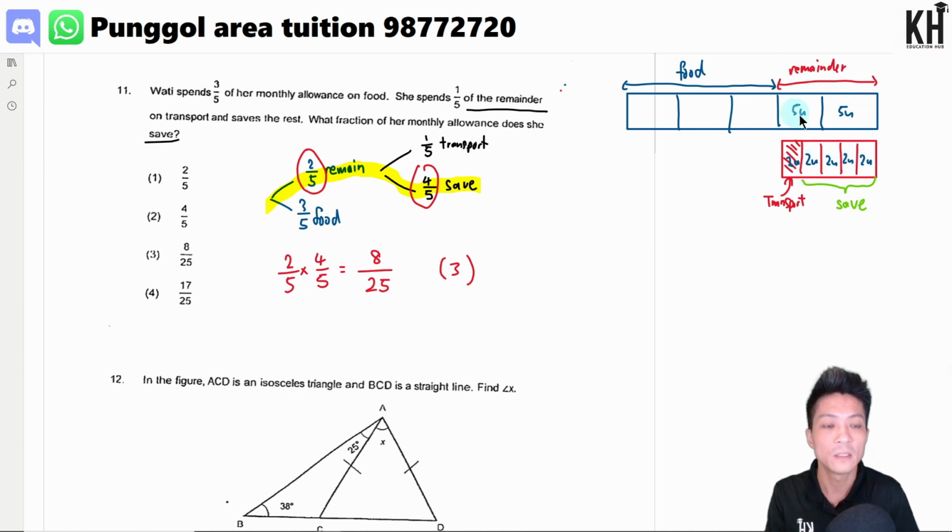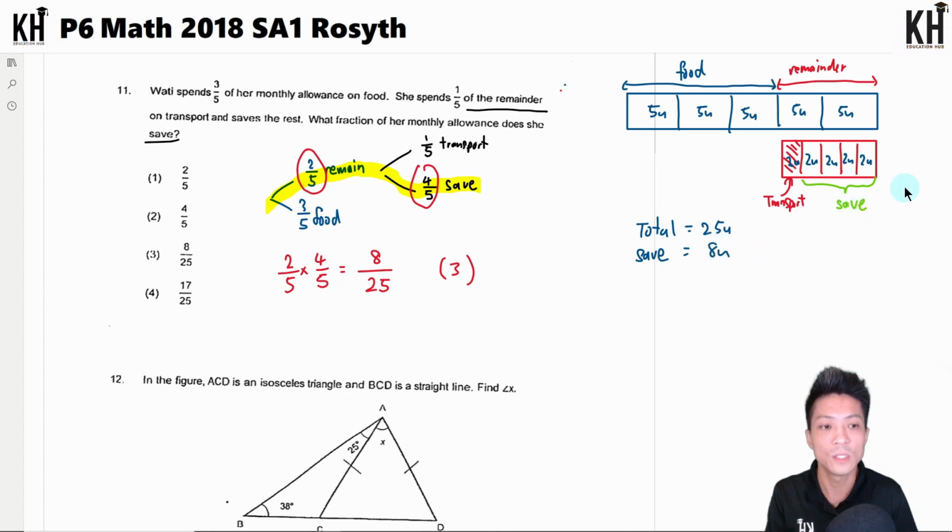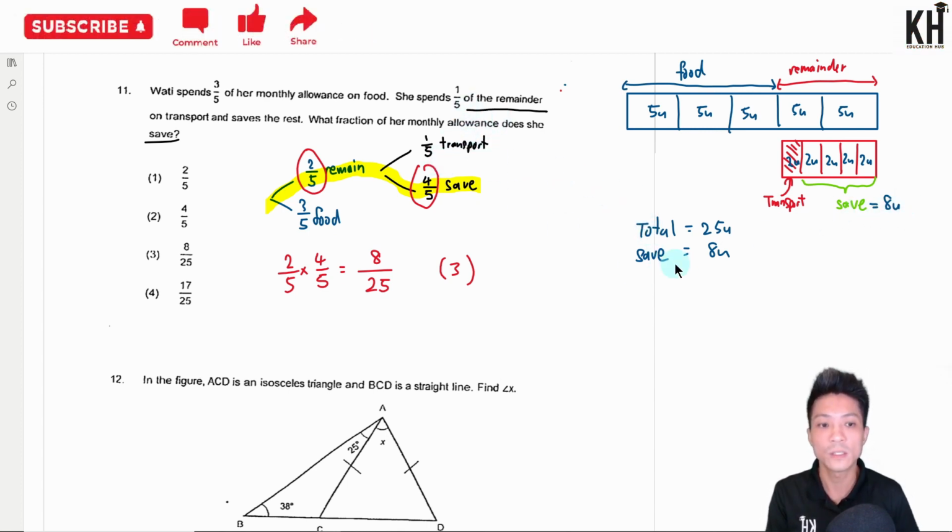So it'll be 10, 10, right? 5 unit, 5 unit, 5 unit. So you can see that the total is equal to 25 units, right? And what she saved will be 8 units over here. So the fraction of a monthly allowance that she saved will also be 8 out of 25.